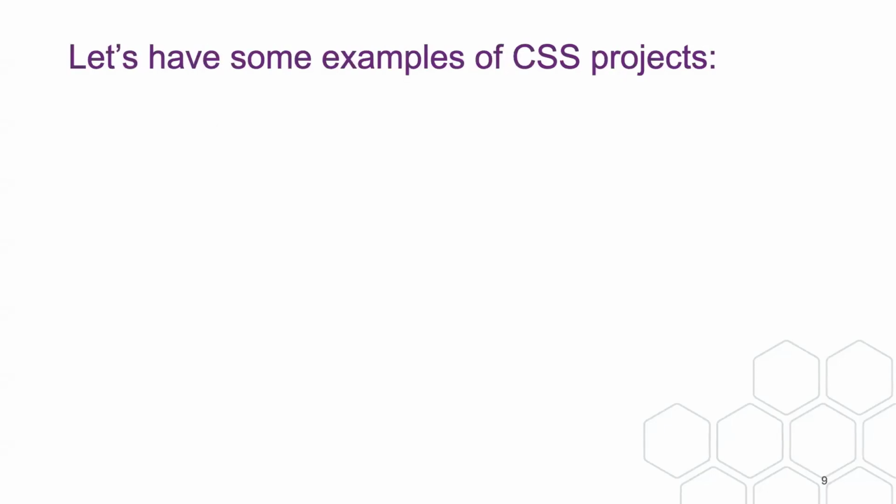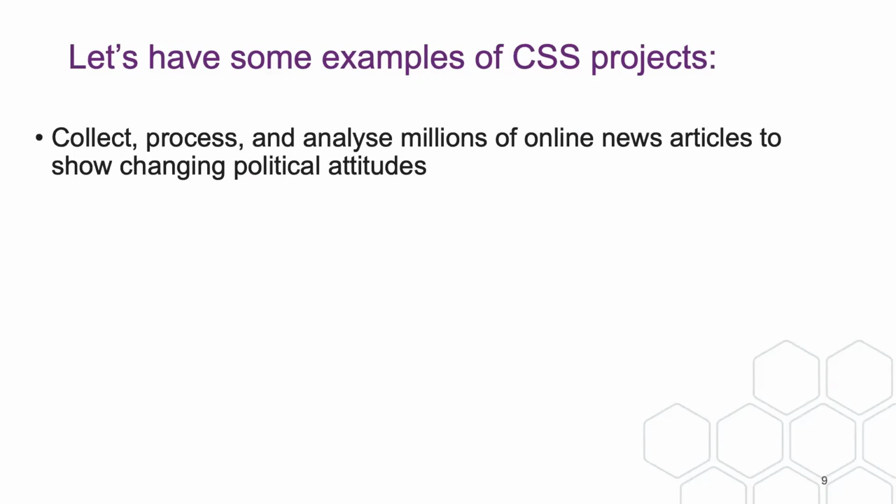So here are some examples that might help put this into context. One example of a CSS project would be collecting, processing, and analyzing millions of online news articles to show changing political attitudes. You can see how we have that human thinking here to formulate our social science research question about political attitudes.